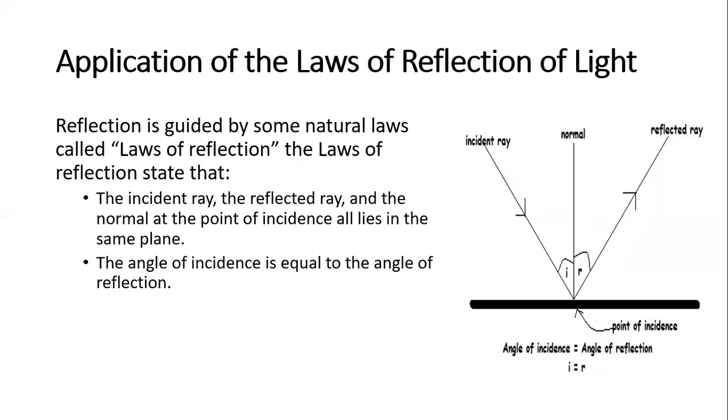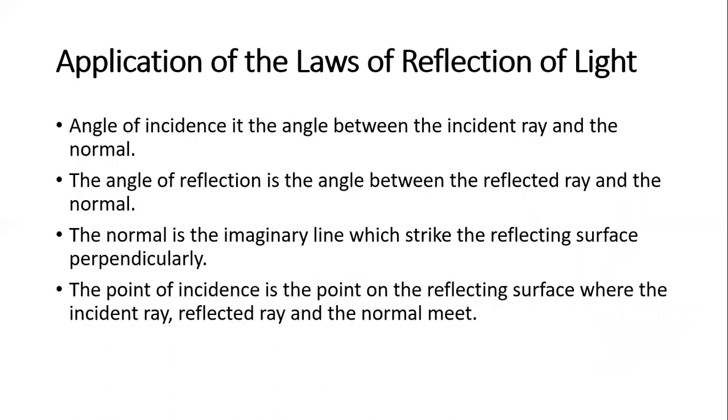As you can see in the diagram, the first law of reflection is that the incident ray, the normal, and the reflected ray all lie on the same plane, and the angle of incidence, that is the angle formed by the incident ray, is equal to the angle of reflection, that is the angle formed by the reflected ray. The angle of incidence is the angle between the incident ray and the normal.